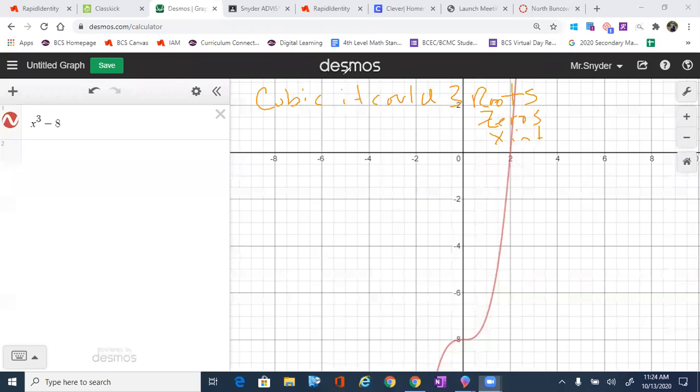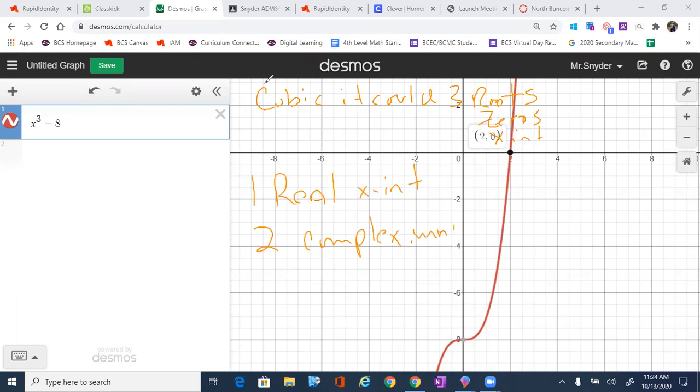There is actually only 1. That means we've got 1 real root, or x-intercept, and 2 complex imaginary roots. But our goal today is to factor, and that's what we're going to do.